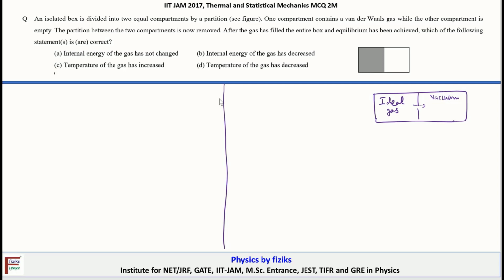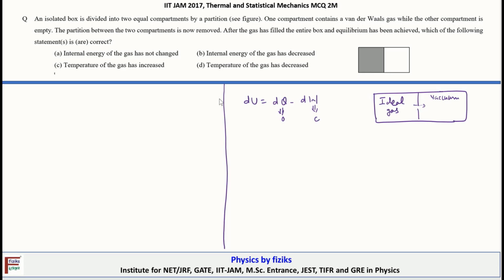Now when this entire compartment is isolated from the surrounding, we apply the first law of thermodynamics, that is dU equal to dQ minus dW. Because it's isolated, dQ will be 0 and dW is also 0.